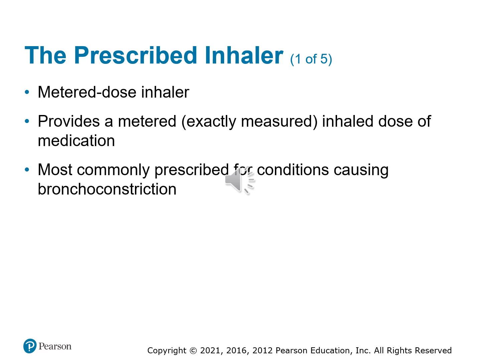So this is, again, exactly measured amount of medication. These are prescribed a lot of times for bronchoconstriction. And when we talk about albuterol or the brand name Proventil, this medication is a bronchodilator. So it's going to open up those bronchioles that have kind of constricted.